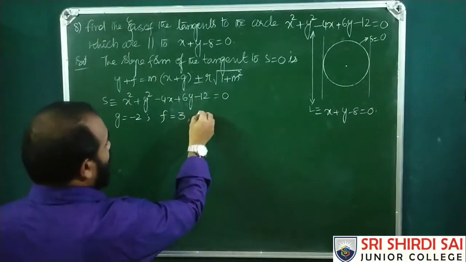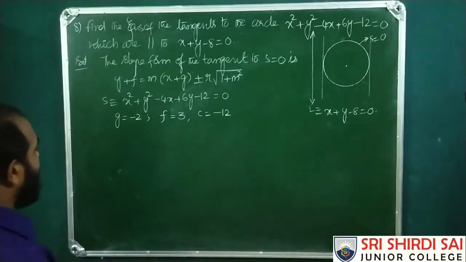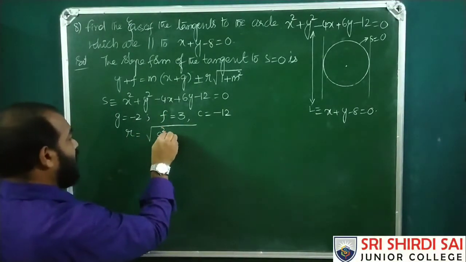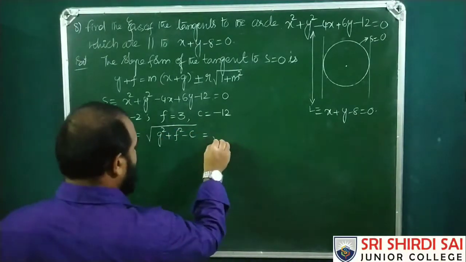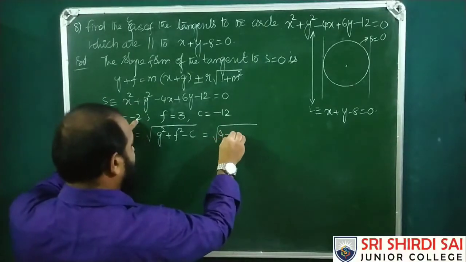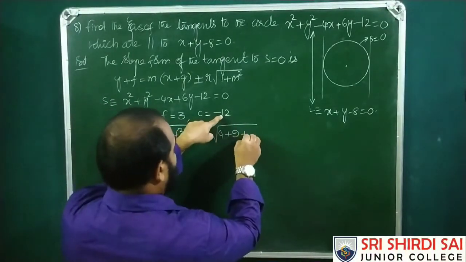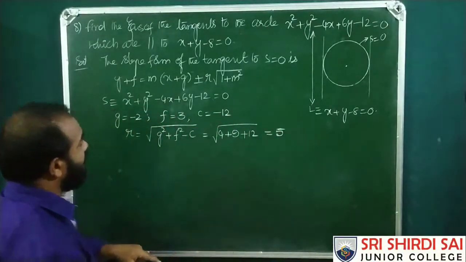So the constant value c is −12, and what is the radius? √(g² + f² − c), that is √(4 + 9 + 12), so √25, which is 5.